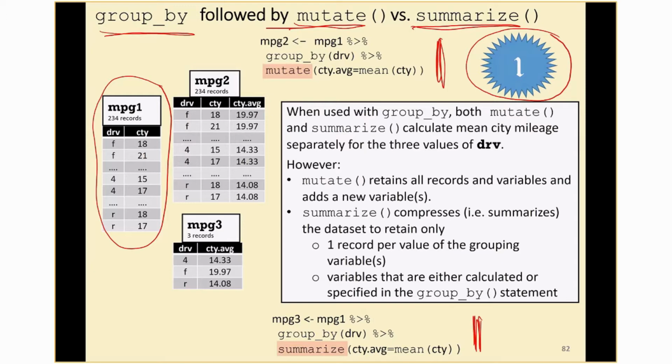And then I want to compare group by with mutate and group by with summarize. So we begin with group by associated with mutate. So I'm grouping by drive, and then I'm using the mutate function to create this new variable called city average. So anytime you use group by mutate, what is the final data frame going to look like? How many records is it going to have?